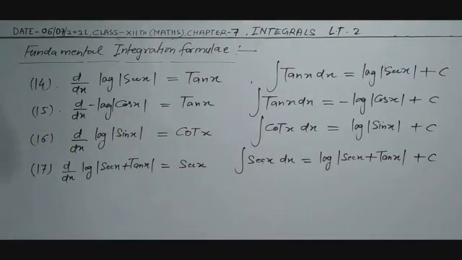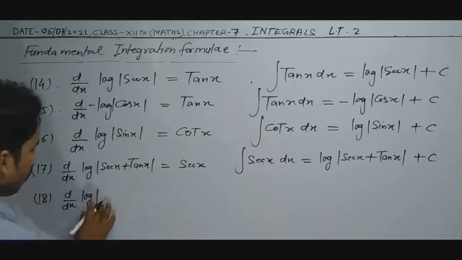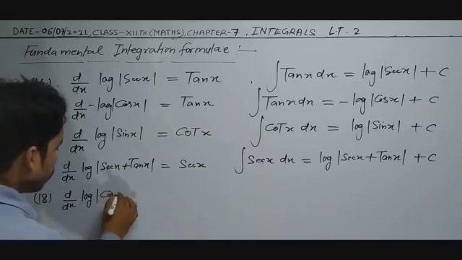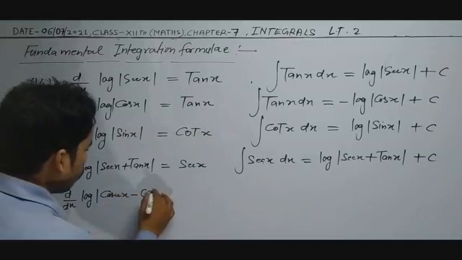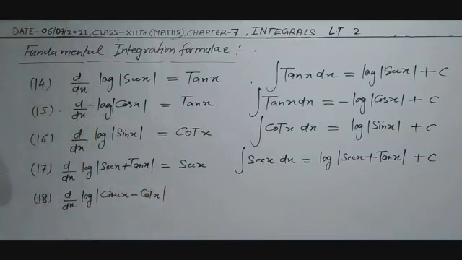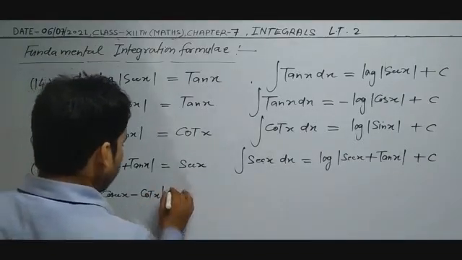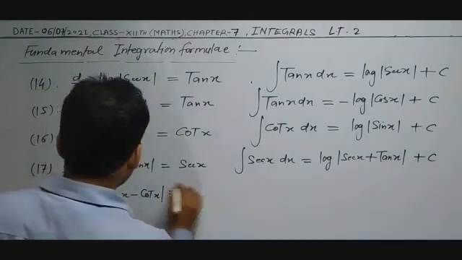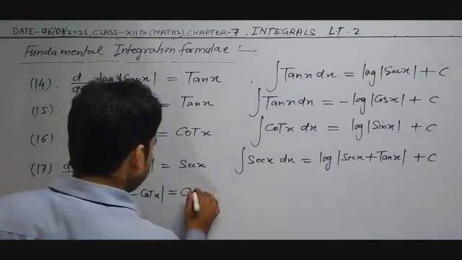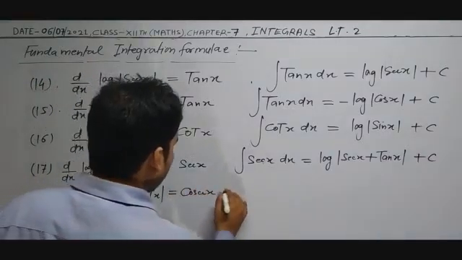Now come to the next, formula number 18. Formula number 18 is d by dx of log of mod of cosec x minus cot x. Its result is cosec x.